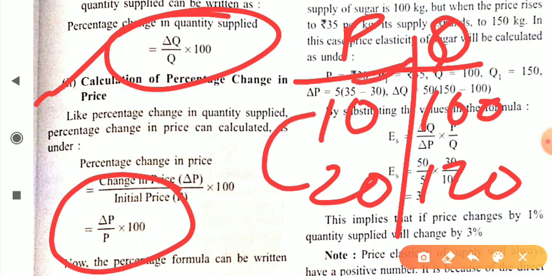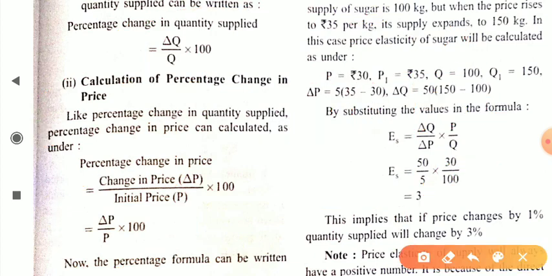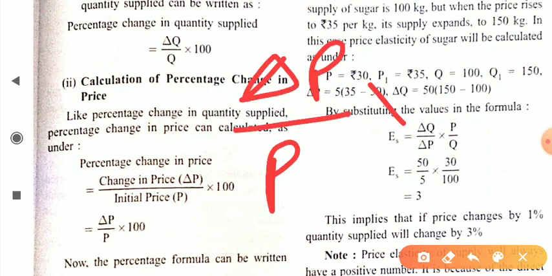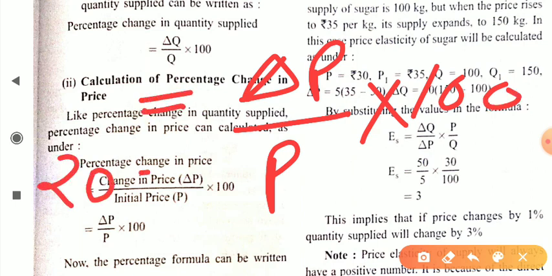We have the initial price, we have the new price. Now the price goes from 10 to 20. The percentage change in price is measured as the difference between them, which is delta P divided by P, which is 10, into 100. In our case, delta P is 20 minus 10, which is 10.